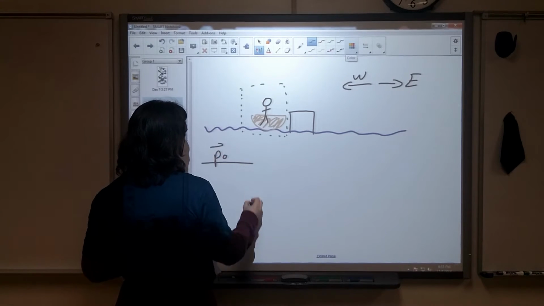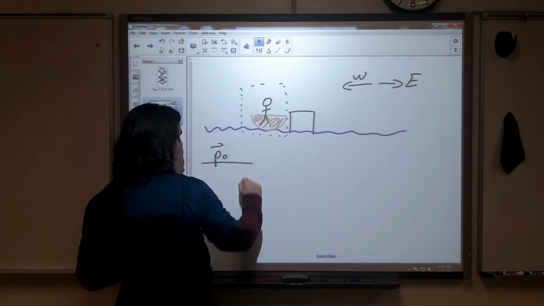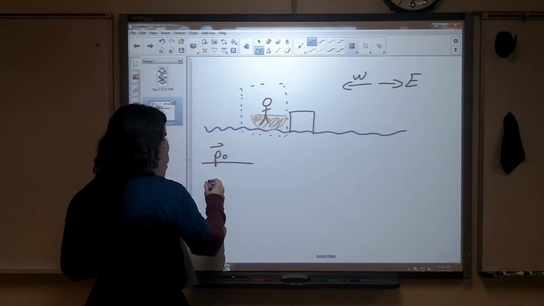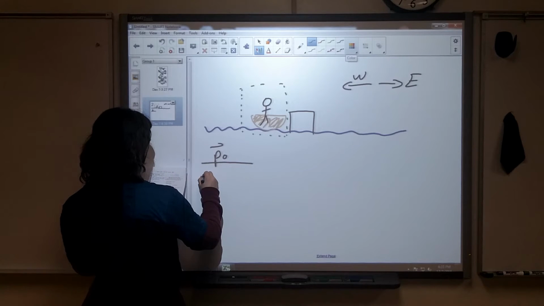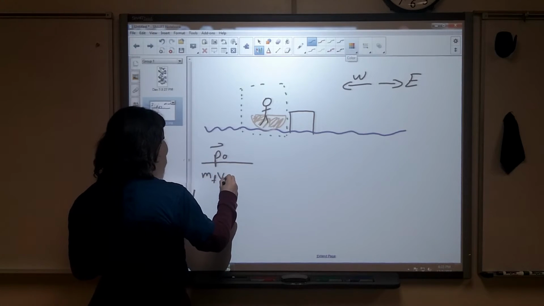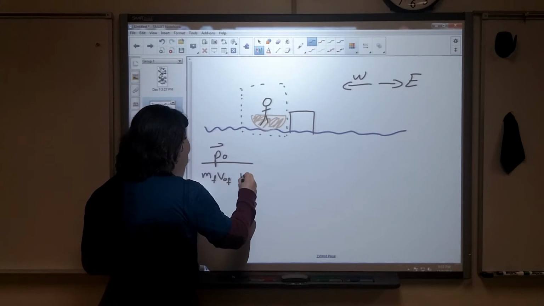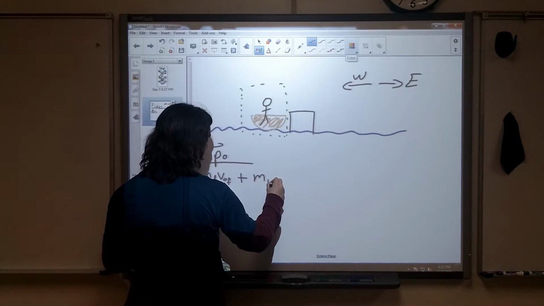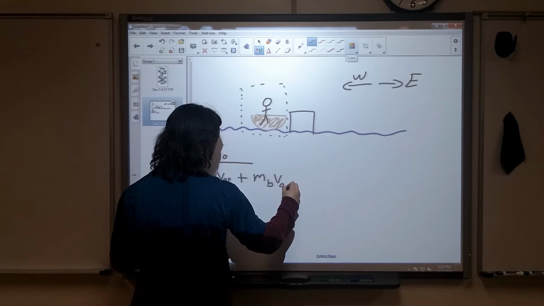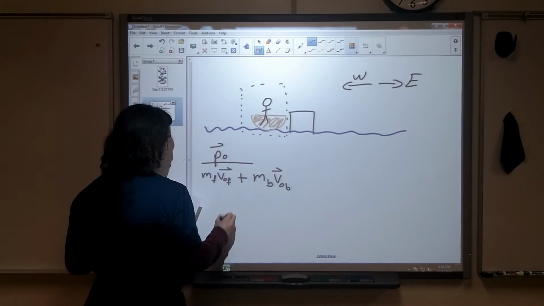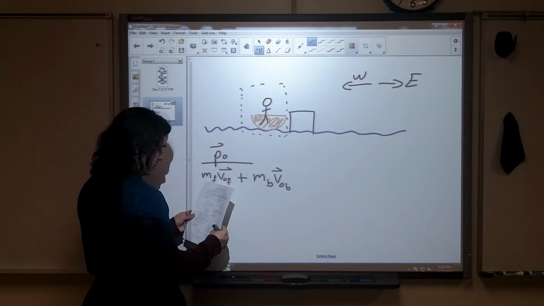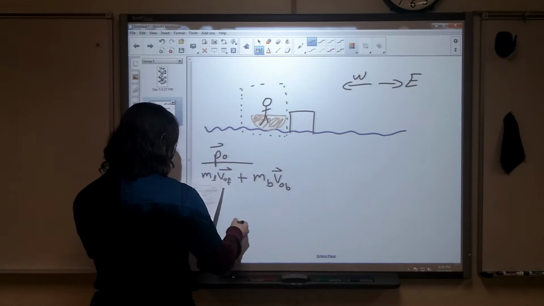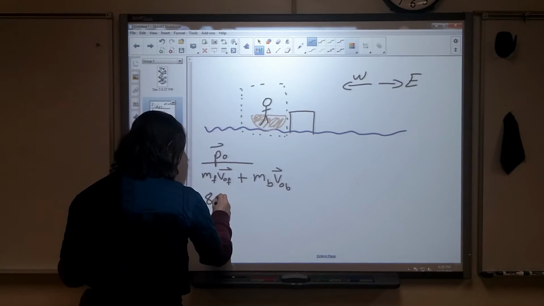We're looking at a perfectly inelastic collision. We start off with two objects, the fisherman and the boat. So I'm going to say the mass of the fisherman times the initial velocity of the fisherman, plus the mass of the boat times the initial velocity of the boat. And each of these need vectors, as we've talked about before. The mass of the fisherman is 82 kilograms.